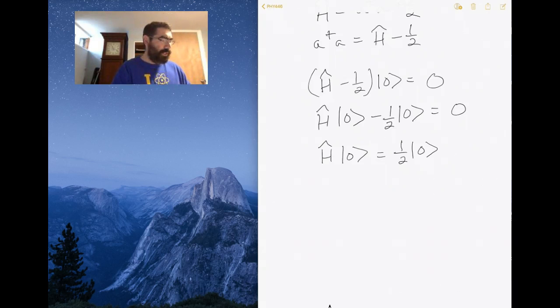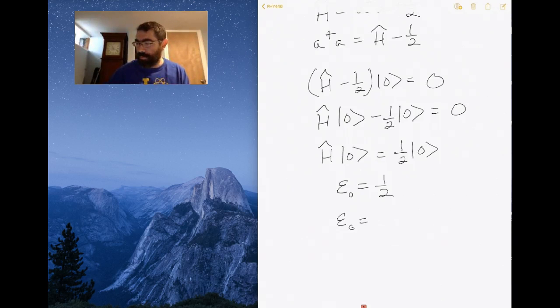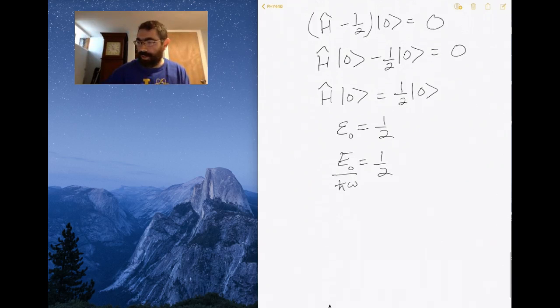So I could rewrite this then as the lowest energy, epsilon 0, is 1/2, which means that the lowest energy divided by h bar omega is equal to 1/2.